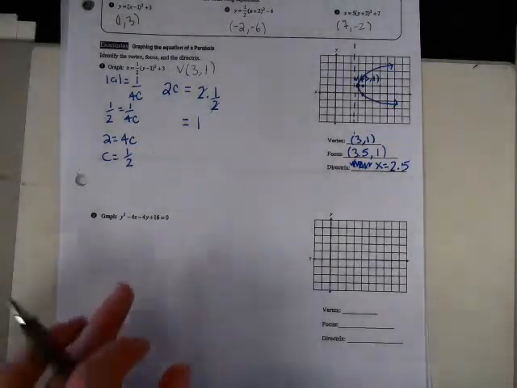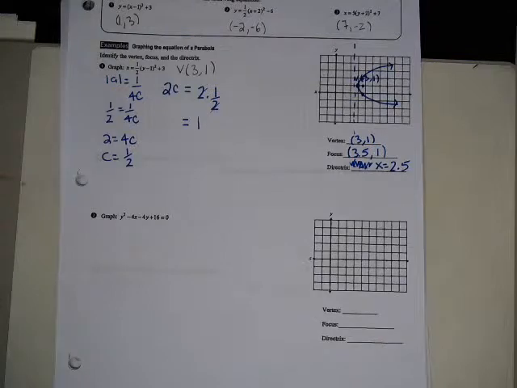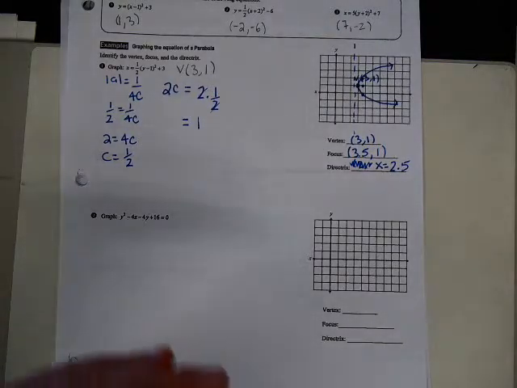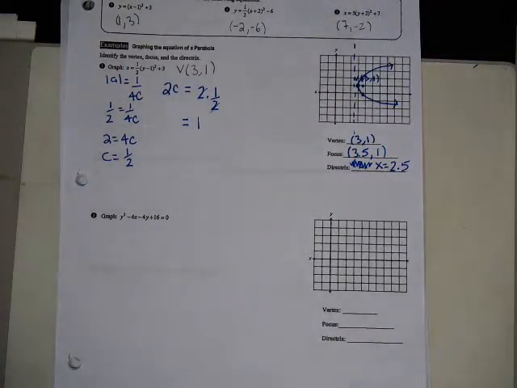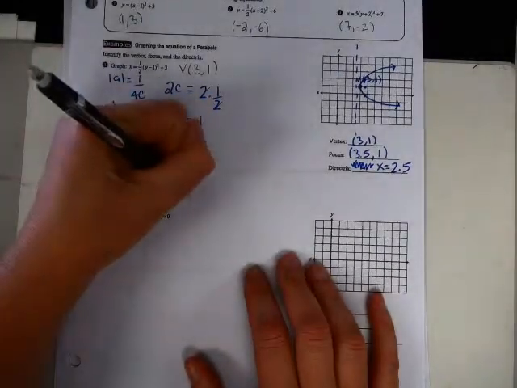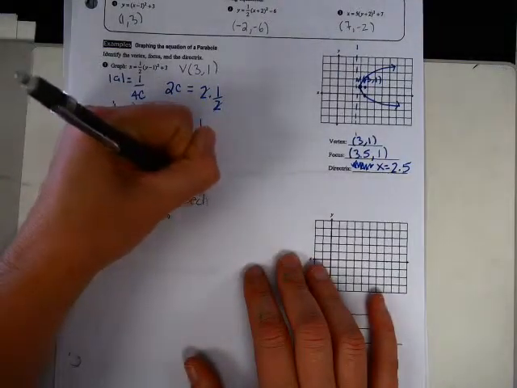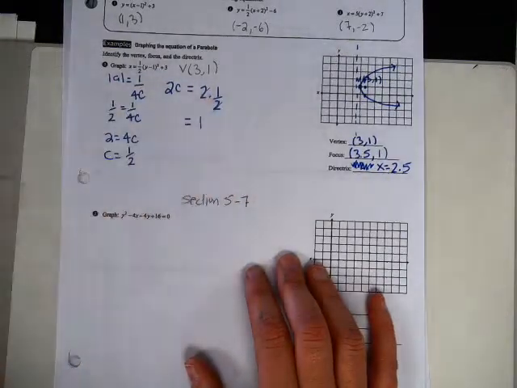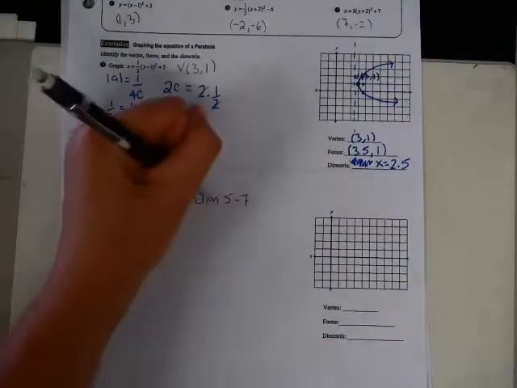So what we're going to do to solve this is complete the square. If you're looking at this, I'm going to go semi-quickly through the completing the square process. If you forget how to do this or would like some review, please refer to section 5.7 in the Algebra 2 book.